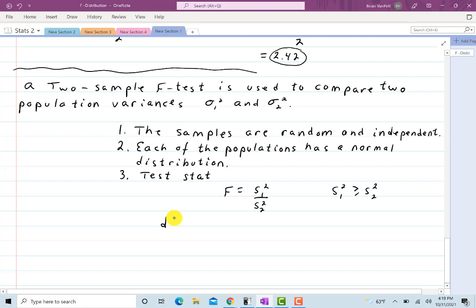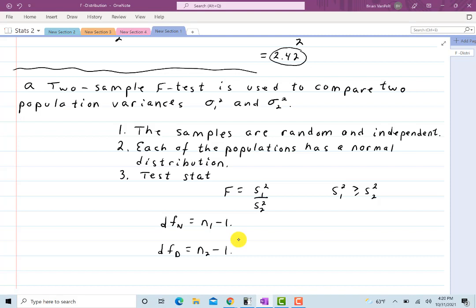Furthermore, the degrees of freedom in the numerator is equal to N1 minus 1, where N1, of course, is the size of the sample from population 1, and the degrees of freedom of the denominator is equal to N2 minus 1, where, of course, N2 refers to the size of the second sample.